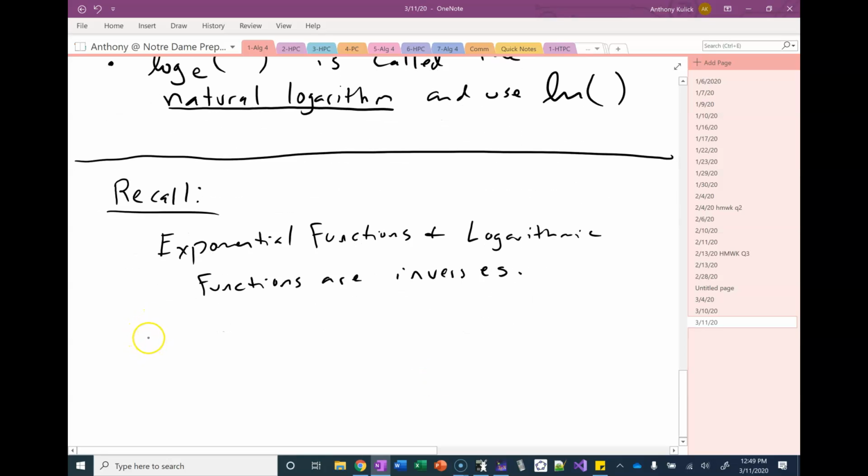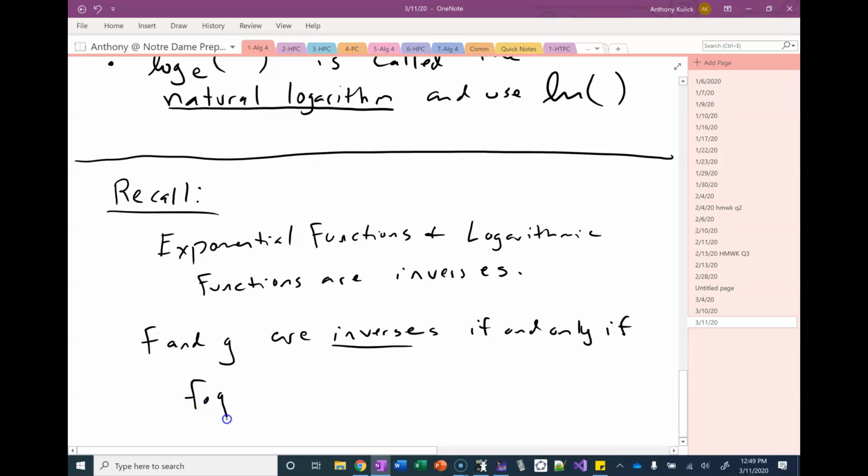And we said that f and g are inverses if and only if f compose g of x equals g compose f of x, which is equal to x, right?